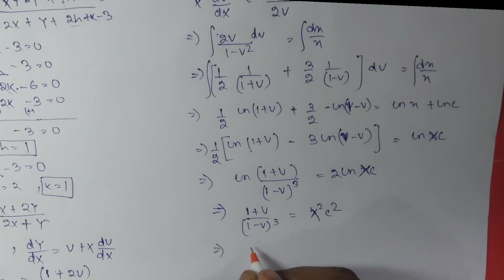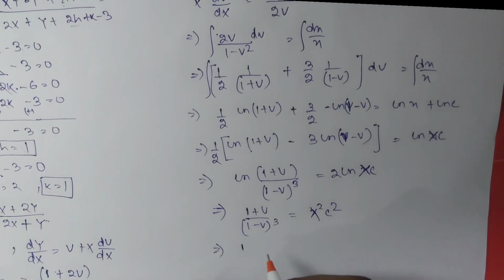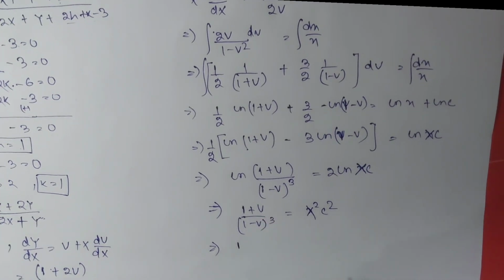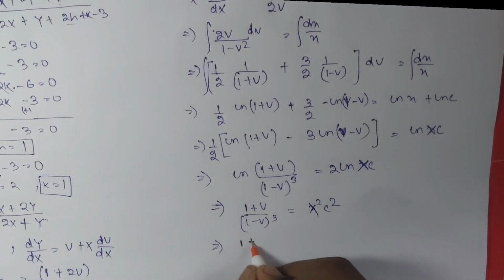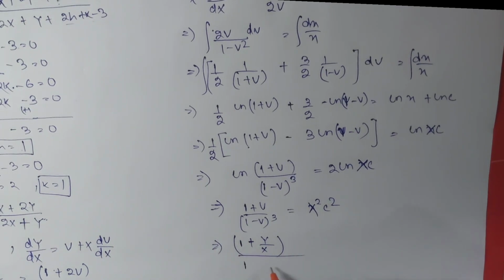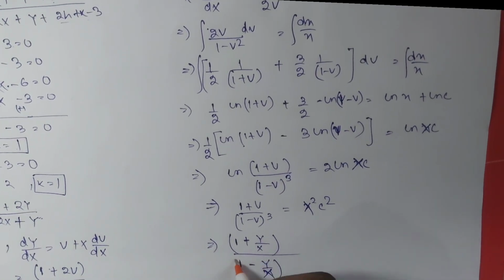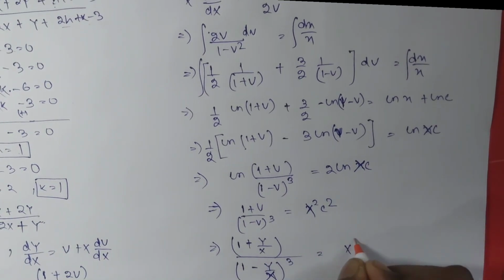Now, what is the value of v? v equals y by x. So 1 plus y by x, and here 1 minus y by x whole cube equals x square c square.